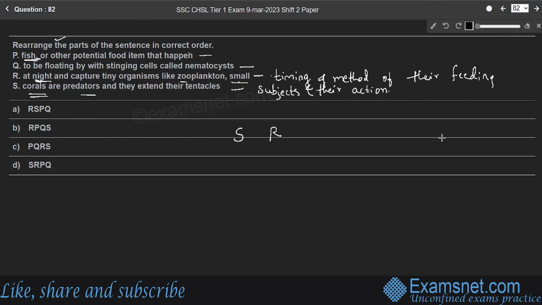It continues with part P, small fish or other potential food item that happen to be floating by with stinging cells called nematocysts. So the order should be SRPQ. Finally, it describes the nature of these floating food items and the presence of stinging cells called nematocysts. This order ensures the sentence is coherent and conveys the intended meaning. Therefore, the order should be SRPQ, option D is the right answer.